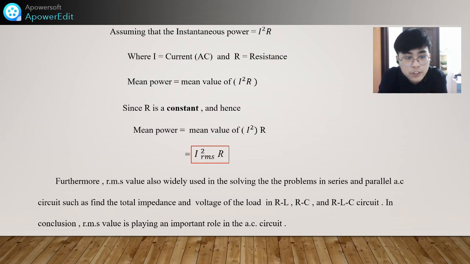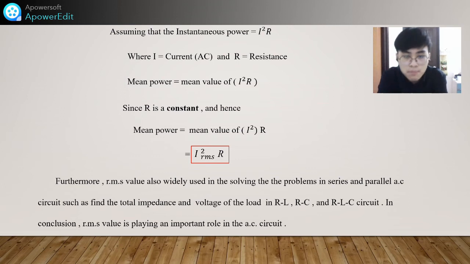Now let's imagine that we have an AC circuit, and inside the AC circuit we have the loop R and the AC power supply. We assume that the instantaneous power is equal to I squared times R, where I is the current and R is the resistance of the loop.